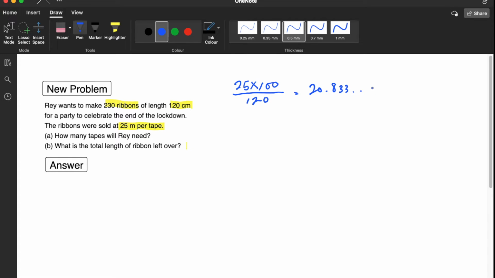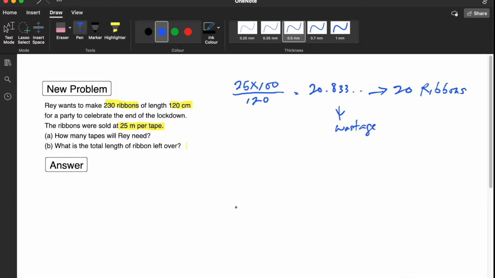So what does this mean? This means we can only get a maximum of 20 ribbons per tape. So this 0.8333 is regarded as wastage. We cannot use it because the length will be less than 120 centimeters, which we require to make one ribbon.